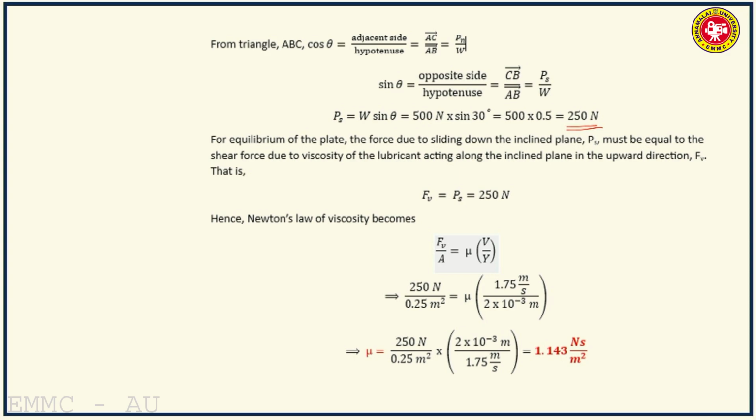For equilibrium of the plate, the force due to sliding down the inclined plane must be equal to the shear force due to viscosity of the lubricant acting along the inclined plane. So, Ps acts in this direction and the viscosity acts in the opposite direction. That is the resistance to flow. So, Ps is equated to Fv, that is 250 newtons. So, Fv by A is mu into V by y. From here you can get the value of mu, that is dynamic viscosity, which comes to 1.143 Newton second per meter square.